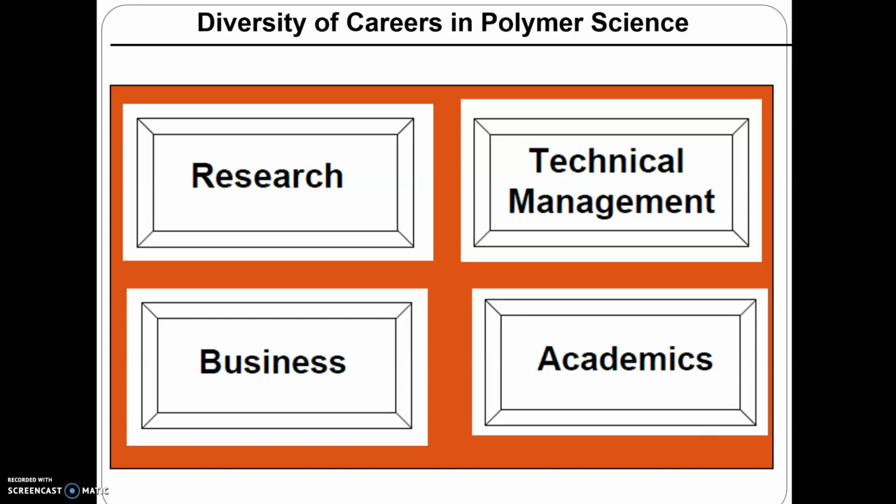Also, you can work in business, to sell new monomers or polymers. Companies prefer people having a polymer background to sell this product because it's easier for them to convince their clients better, and so to sell this new material.